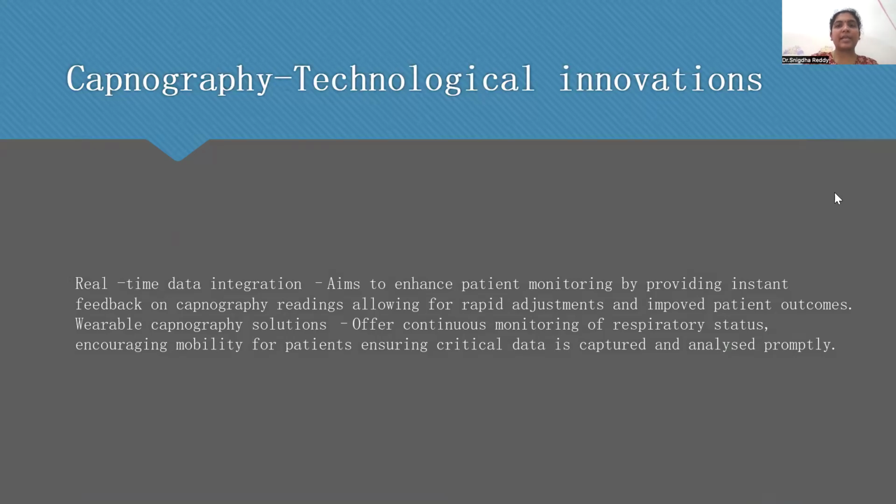Now, coming to technological innovations behind capnography: real-time data integration aims to enhance patient monitoring by providing instant feedback on capnography readings, allowing rapid adjustments and improved patient outcomes. Wearable capnography solutions offer continuous monitoring of respiratory status and encourage mobility of patients, ensuring critical data is captured and analyzed promptly.